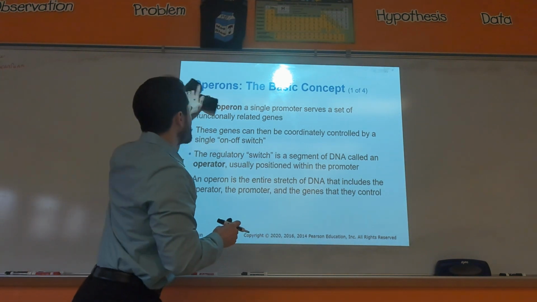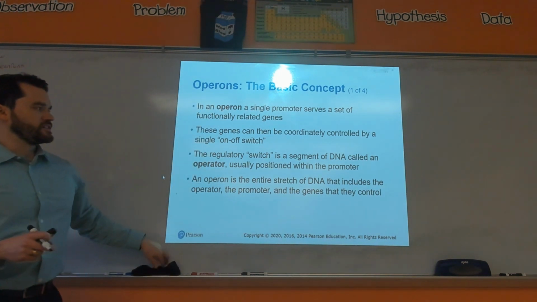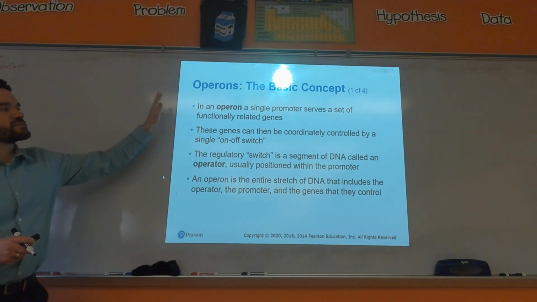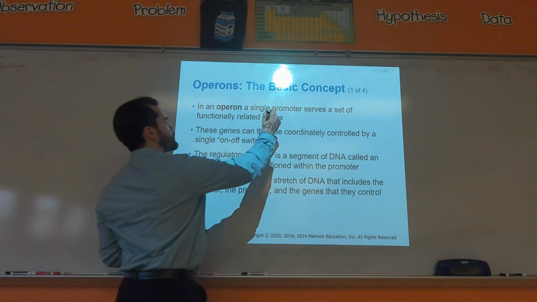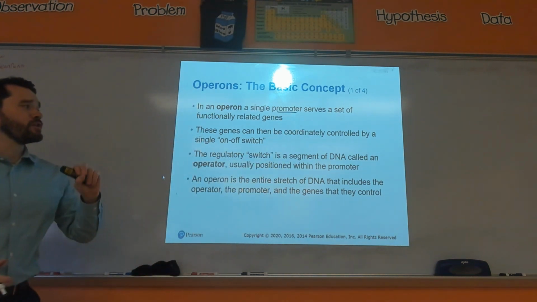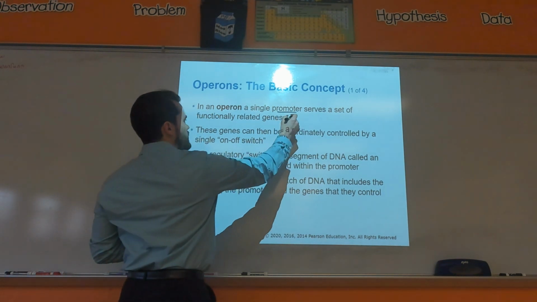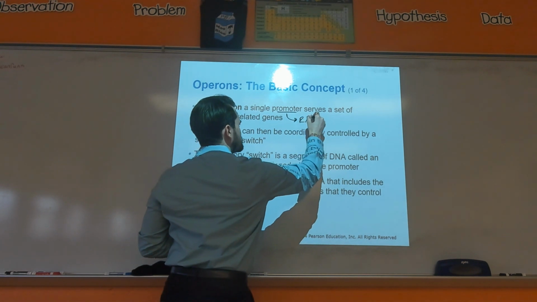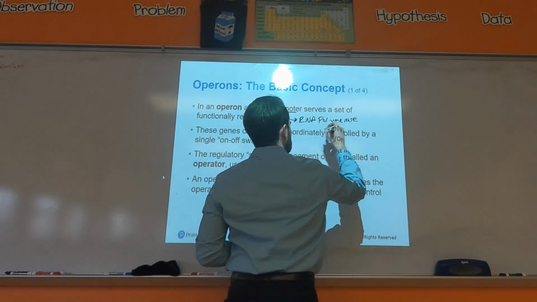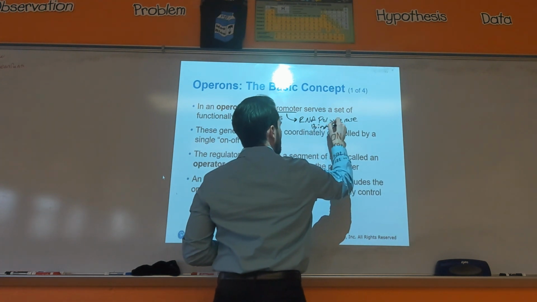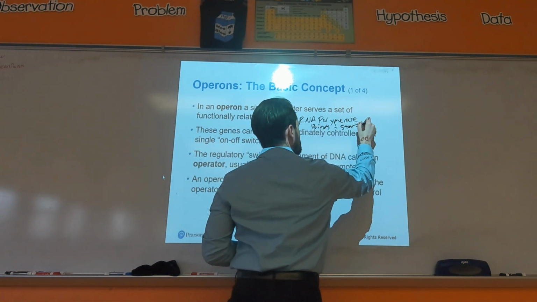So in other words, genes have an on-off switch. Okay? And here's another, more formal definition for an operon. A single promoter. A promoter is where the RNA polymerase binds and starts transcription.